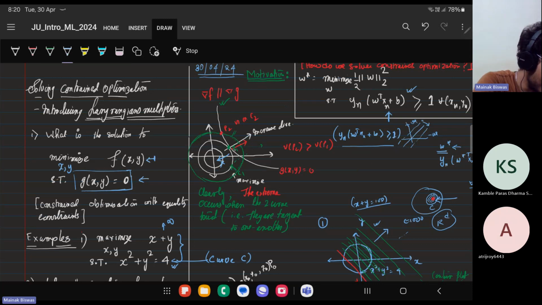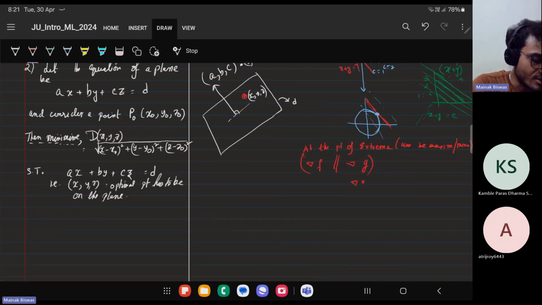So what is the direction of the gradient? If I draw it in the green line, this is the direction of gradient of f. This is the direction of gradient of g. Yes or no? We have seen the gradient of a function f is the direction of maximum increase.